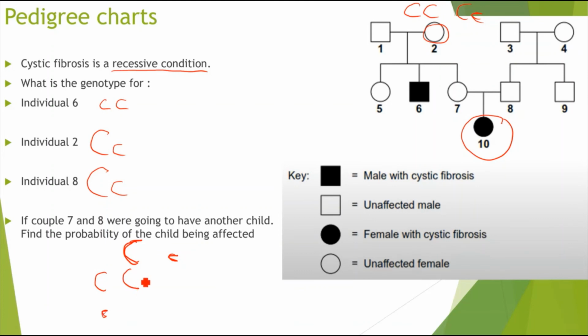So in this case, I'll have capital C capital C, capital C lowercase c, capital C lowercase c, and lowercase c lowercase c. Now it's asking for the probability of the child being affected. I only have one lowercase c lowercase c, so the probability would be 25% in this case.